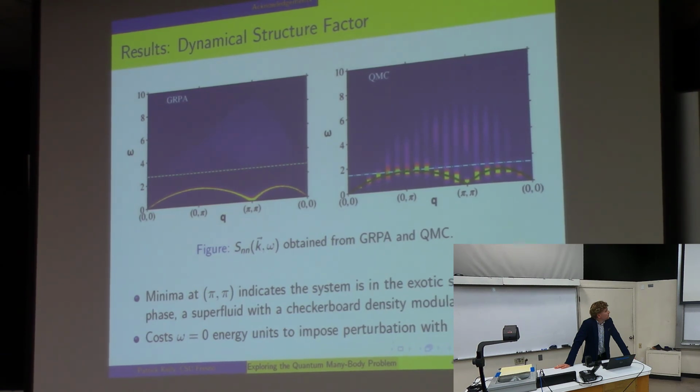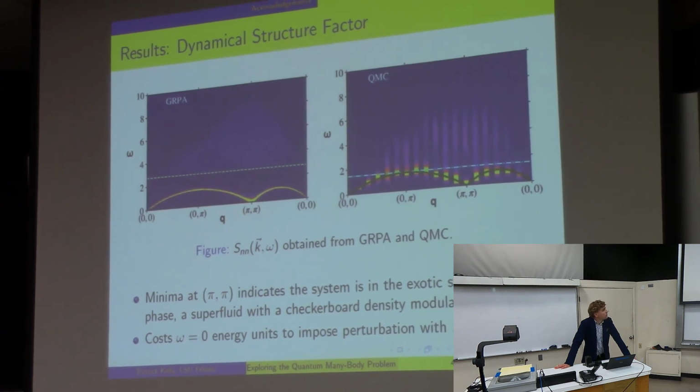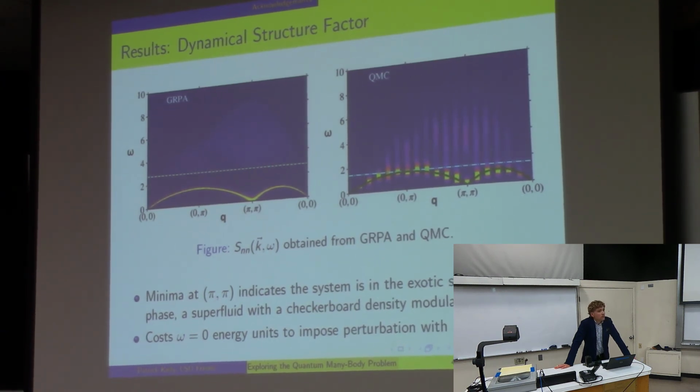You can excite those even without breaking the pair, because you have a fluid of pairs which does its own sound waves. While the horizontal line is if you just push that energy into the system, you break a pair, and the system gradually loses superfluidity. Break the Cooper pair, or?